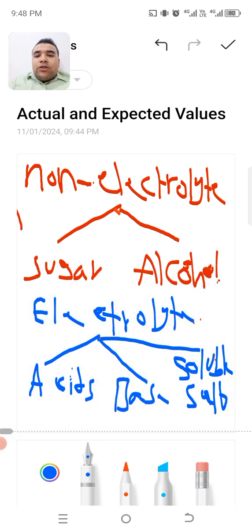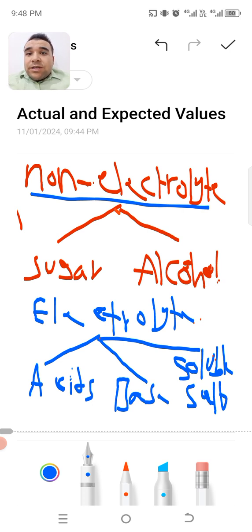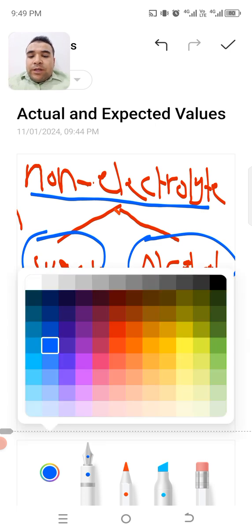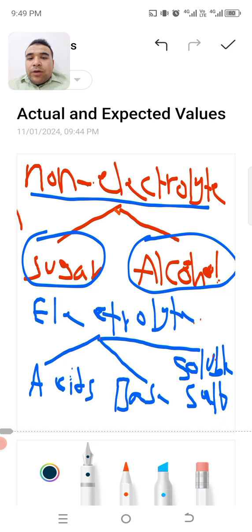The non-electrolytes, guys, are those solutions which do not have a tendency to conduct electricity because of not having existing ions in the aqueous solutions. Examples for those types of solutions are sugar and alcohol in our book. So the most commonly used examples for the non-electrolytes are sugar and alcohol.